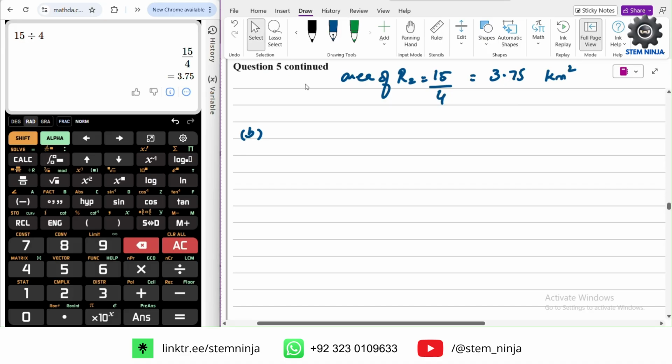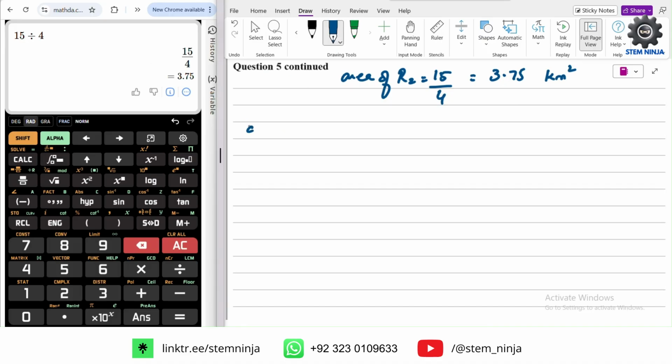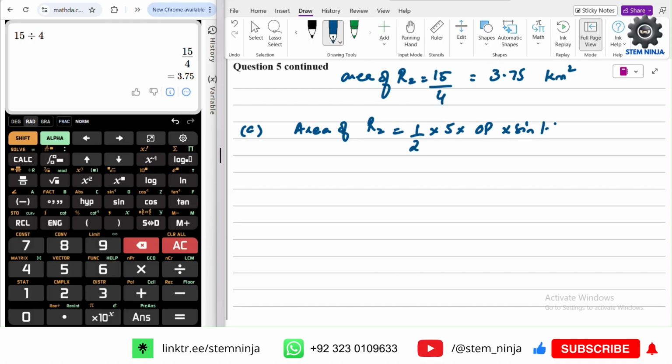So this is part C. The area of R2 can be written as half times 5 times OP times sine of 1.2 radians.